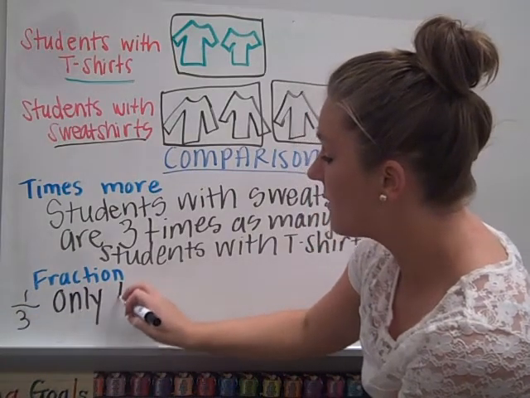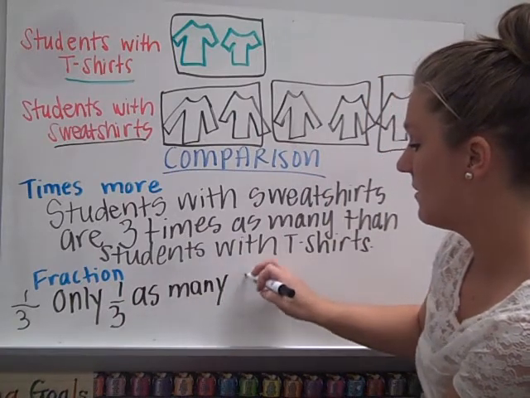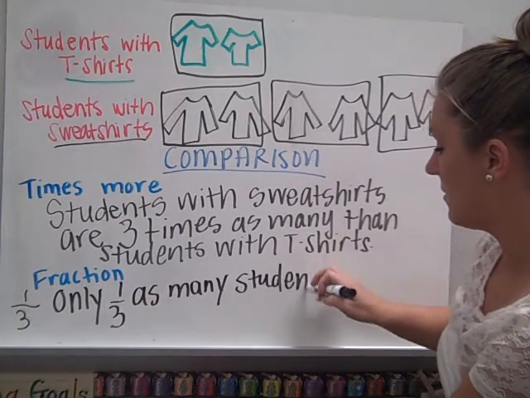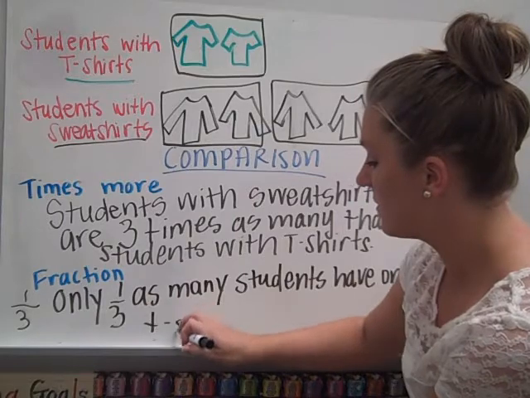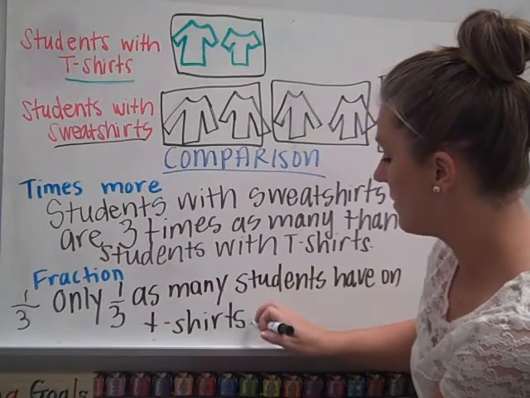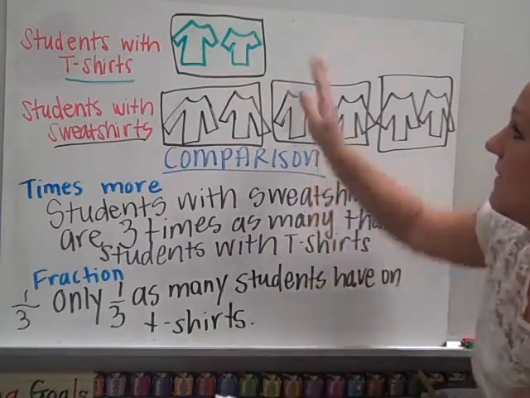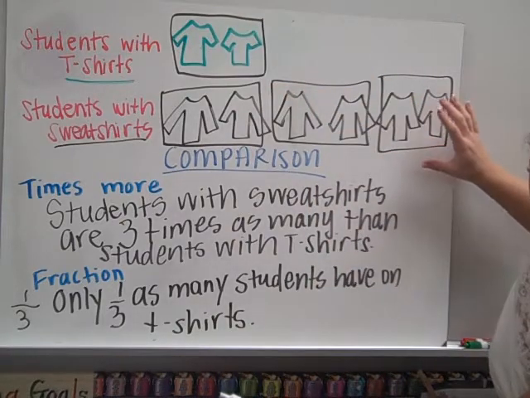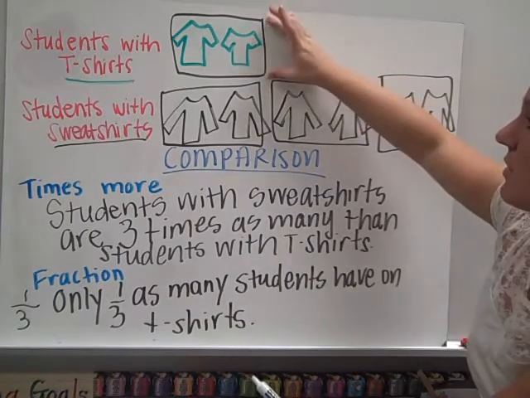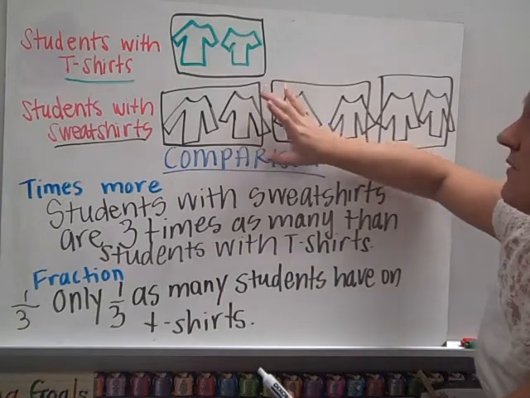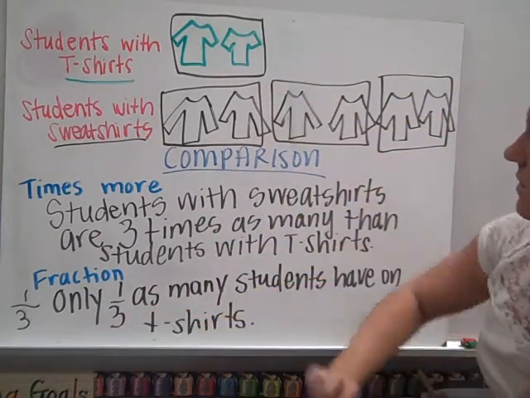So only 1/3 as many students have on t-shirts. This actually kind of makes its own fraction if you look at it. This is 1 group over 3 in all. That's another way you could think about it. Just know that sometimes the smaller amount might be on the bottom, and you would never write 3 over 1 to show a fractional piece like this.